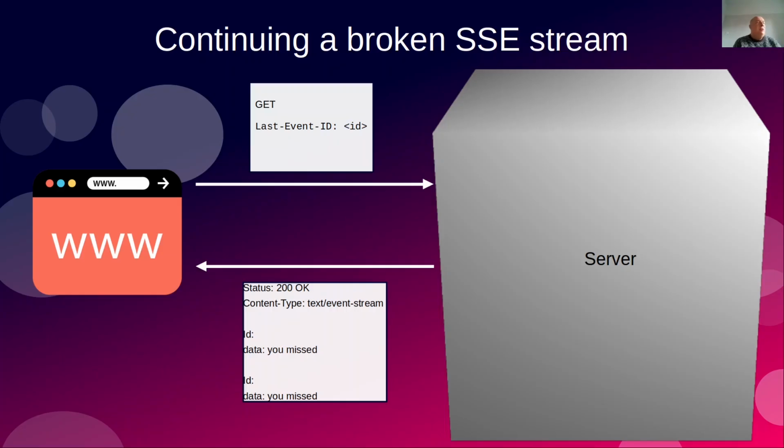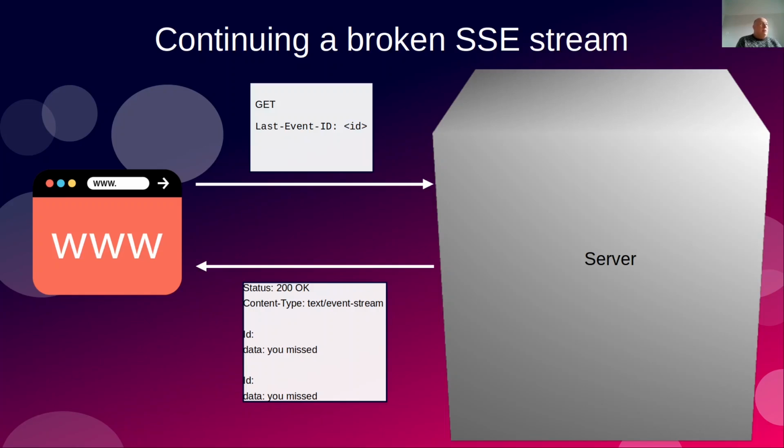Okay, so as we know, connections on the internet are not always stable, and so we need a mechanism in place so that if we lose connection to the server, the client can in some way request the events that it missed whilst it was offline. This mechanism is quite simple.